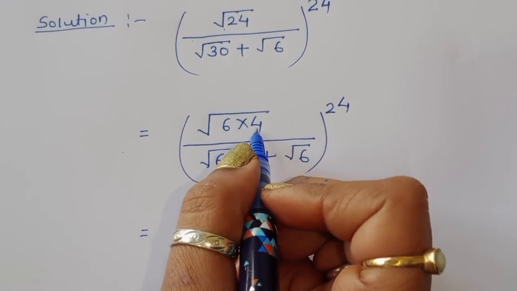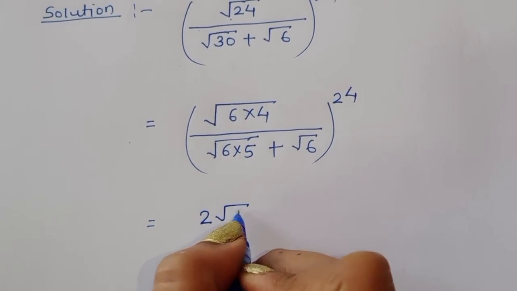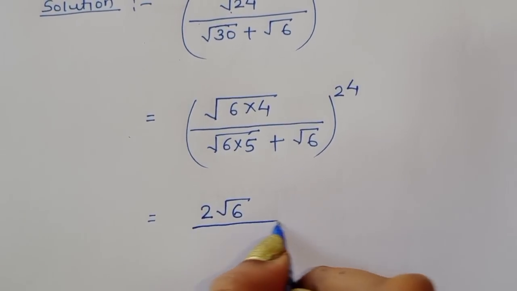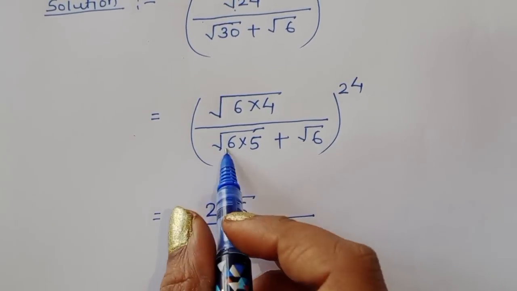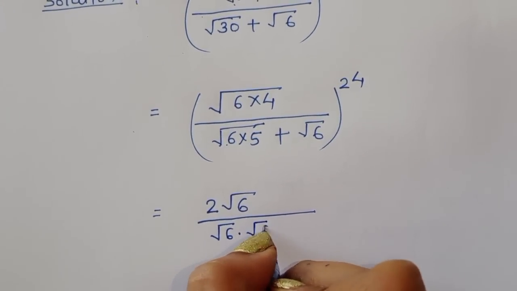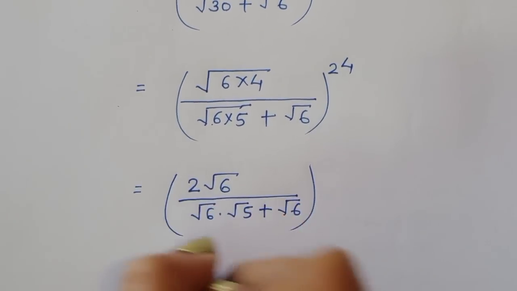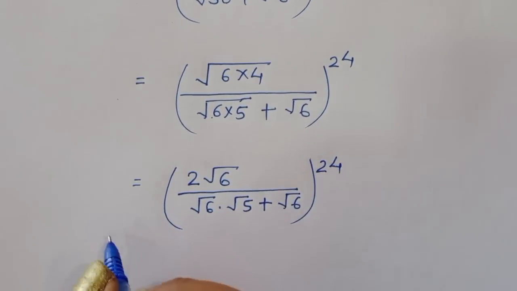Square root of 4 is 2. So we can write 2 square root of 6 divided by square root of 6 times square root of 5, so we are separating the terms here.